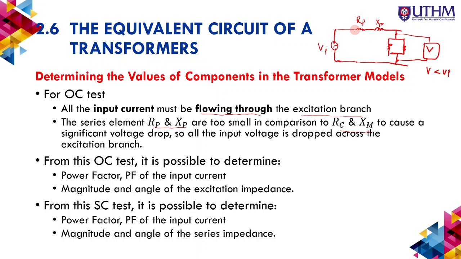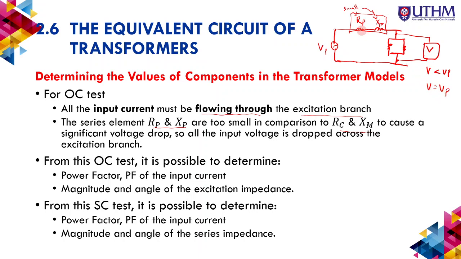However, since this value is very small, the voltage drop here is very low. So we can assume that the V here, at the branch, is equal to VP.